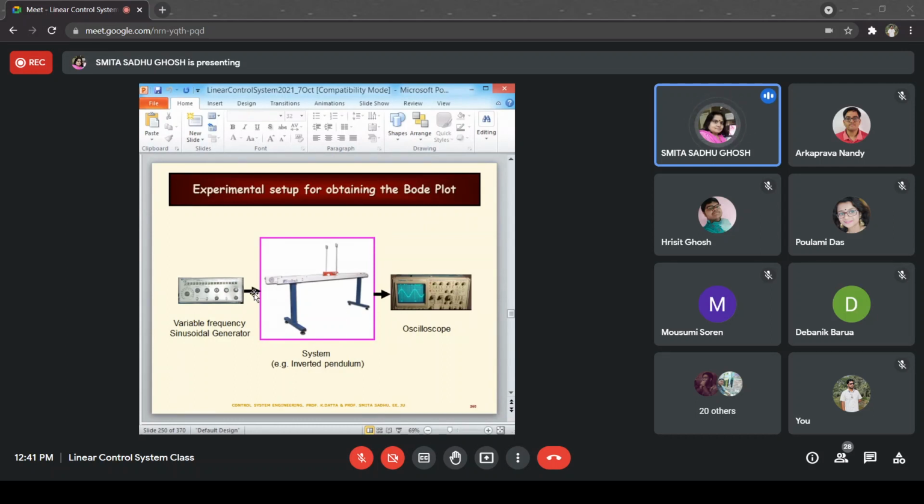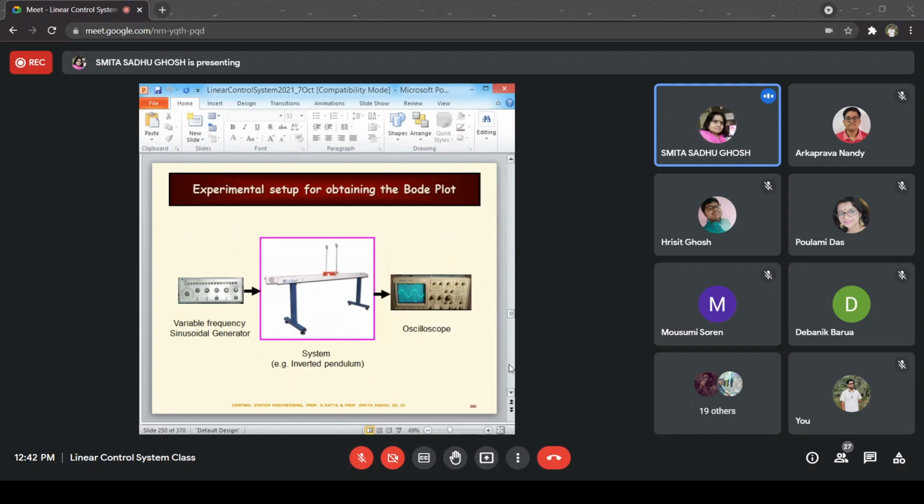Corresponding to that frequency, the phase difference, either phase lead or phase lag, is going to give you the phase. So you will get either plus phi or minus phi, and you can again plot that phase versus the frequency. The frequency that you have excited at and the corresponding phase you can plot. Each time I change my frequency, I get a different phase shift, either a lead or a lag.